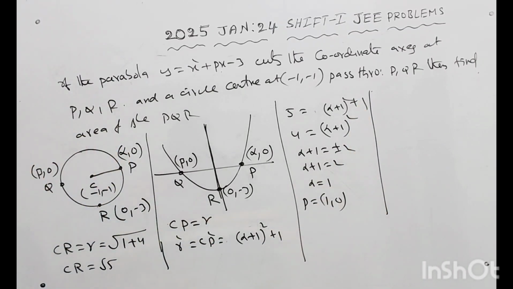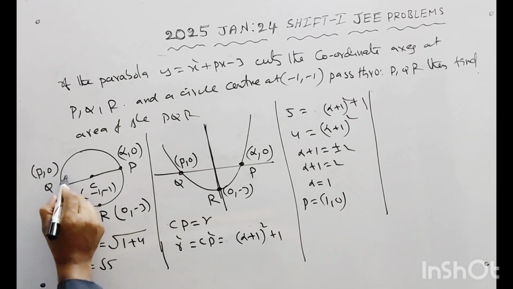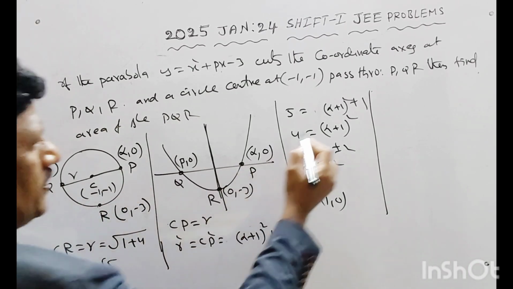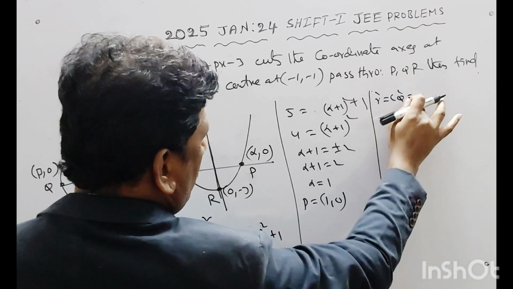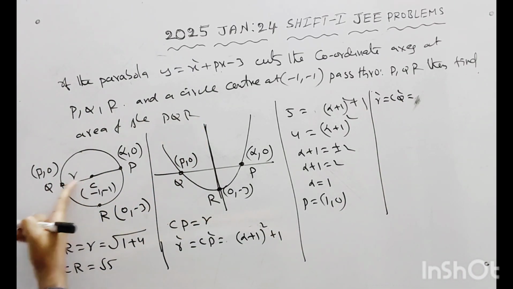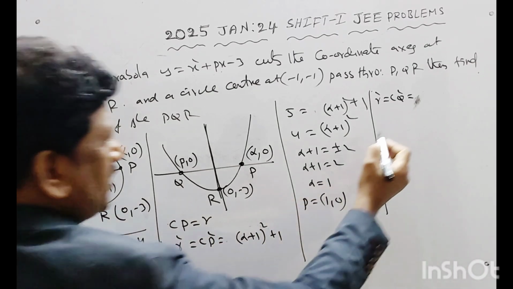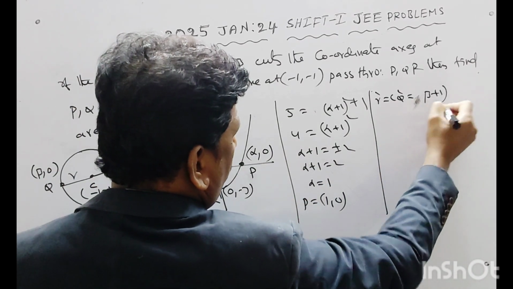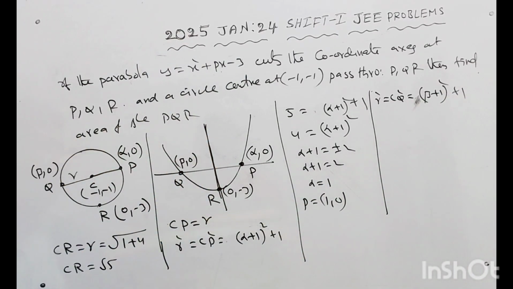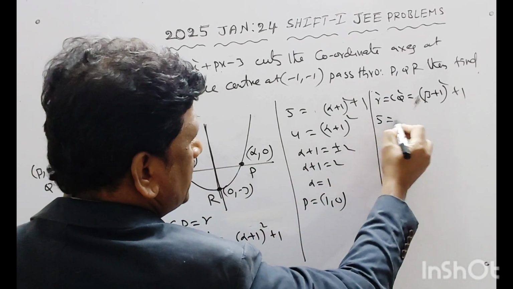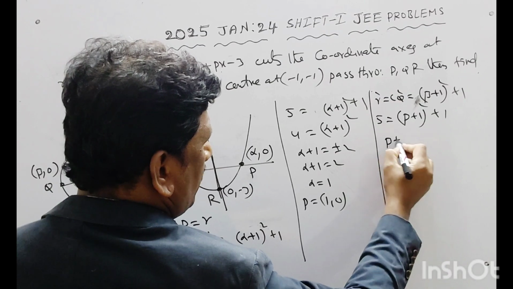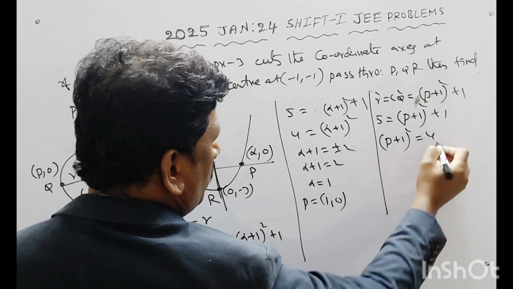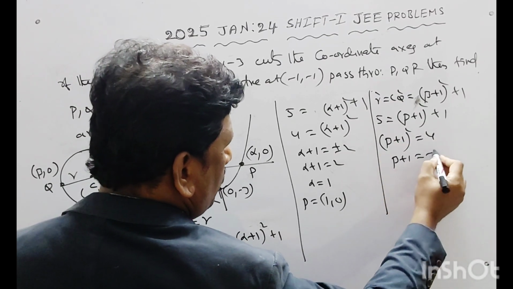Similarly, in this figure CQ is also a radius. So R square is equal to CQ square, the distance between C and Q, that is beta plus 1 whole square plus 1. R square is 5, so beta plus 1 whole square is 4, and beta plus 1 is plus or minus 2.